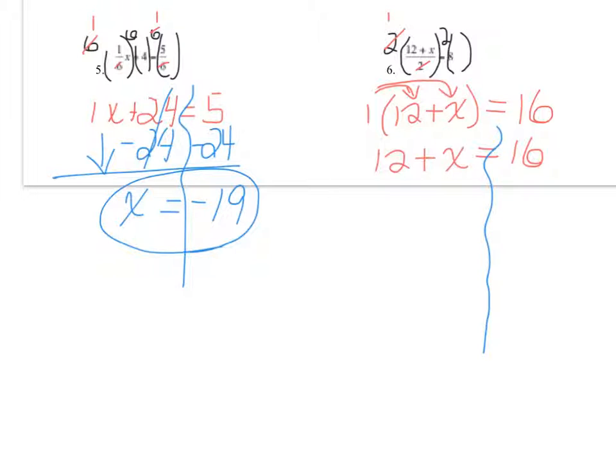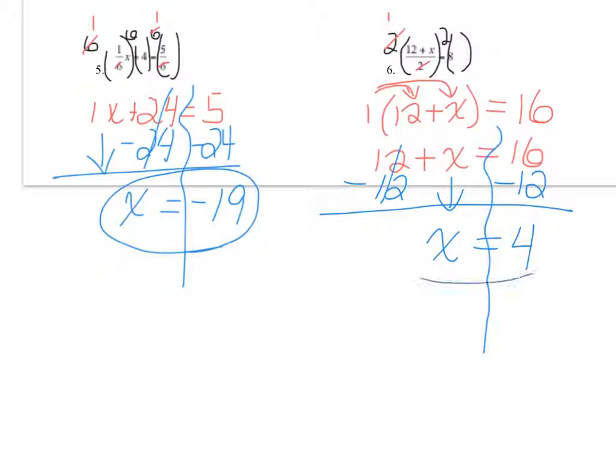So we're going to subtract 12 from both sides. Bring down your x, and 16 minus 12 is going to give you 4. So that's your answer for that one.